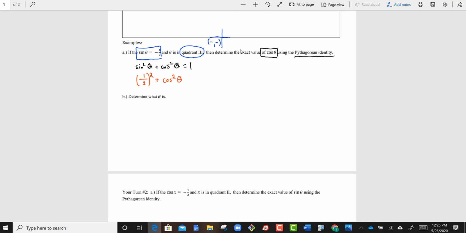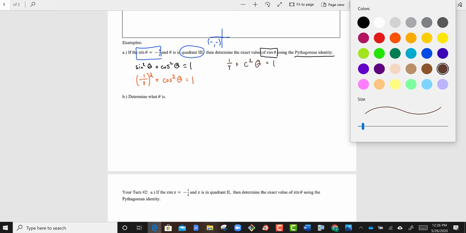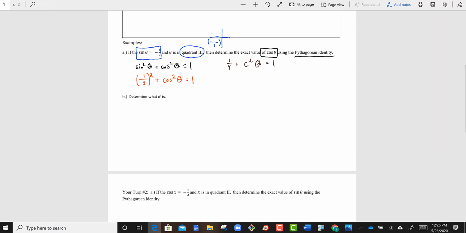Cosine squared theta, I know that notation looks confusing, but really all it is is a big old variable. In fact, sometimes, as you can see in the next step, I'll shorten cosine squared to just c squared and use just an s when I'm labeling sine.